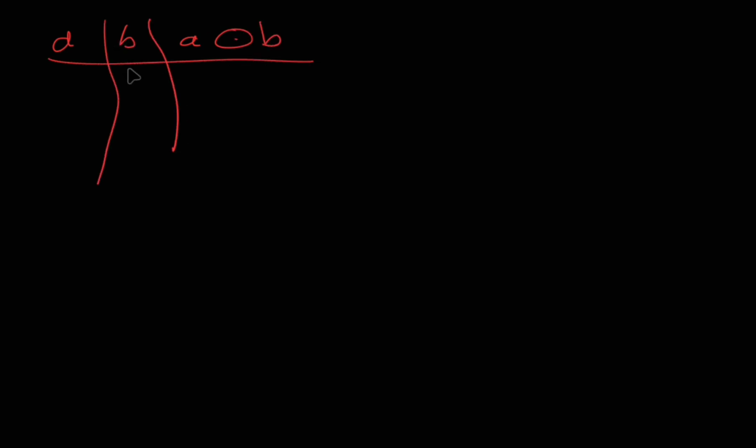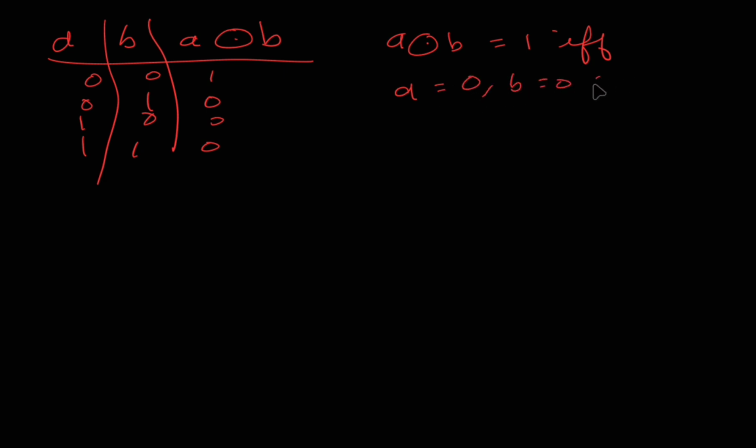Now how do we write the equation for XNOR? See, 0 0 0 1 1 0 1 1. So this is 1 if and only if A equals 0, B equals 0, or A equals 1, B equals 1.